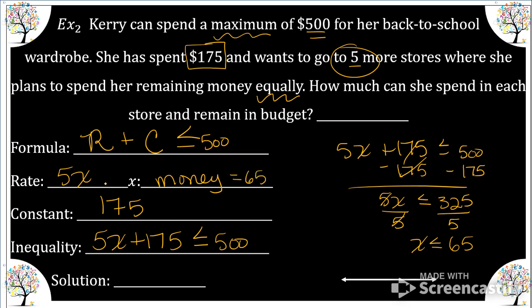Okay, so x is going to be $65 or less. If it's less, then she'll have some cash left over. So 65 is included or less.